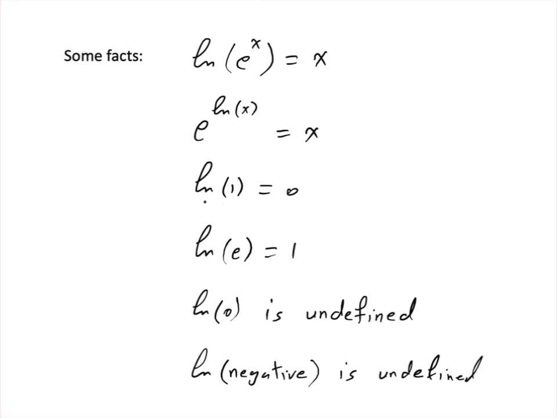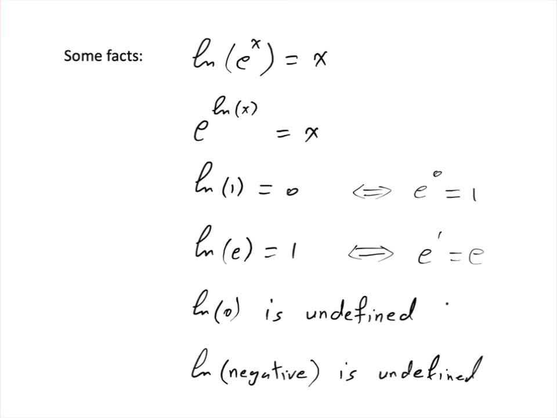If you input 1 for ln, ln of 1 is always 0, because e to the 0 is 1. And ln of e is 1 because e to the 1 is just e.